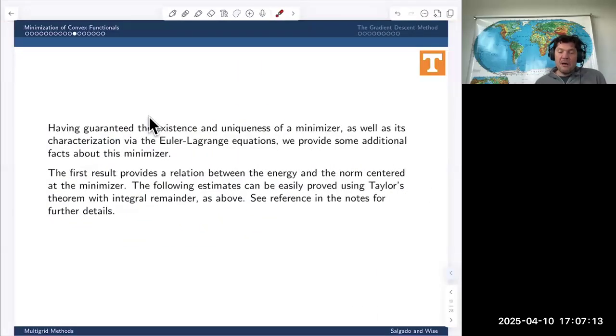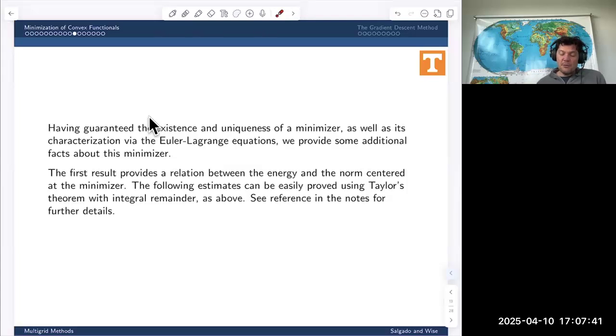All right, so just a couple of comments. We've just guaranteed the existence and uniqueness of a minimizer as well as its characterization via the Euler-Lagrange equation. So what? Well, that says something good because for this particular type of nonlinear functional E, to find the minimizer, we can solve an equation, namely the Euler-Lagrange equation.